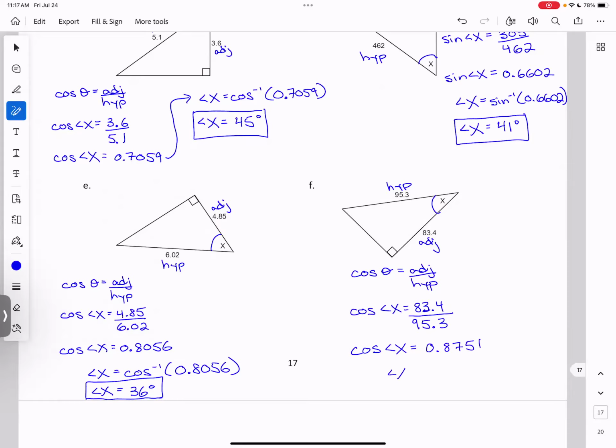So to solve for angle x then, I'm going to take the cosine inverse of that ratio. And that gives me, out to the nearest degree, 29 degrees.